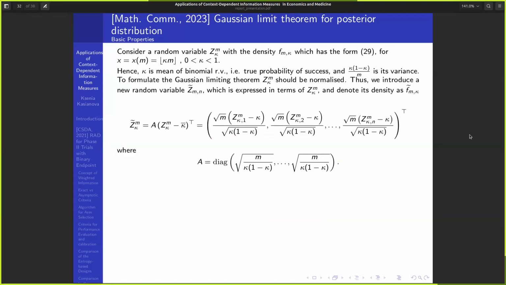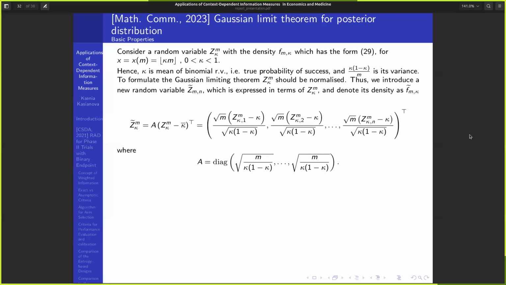In this paper, we are proving the properties of this distribution, and to do this, we need to consider a random variable with the density given in the form shown below, before in formula 29, and we need to normalize it first.